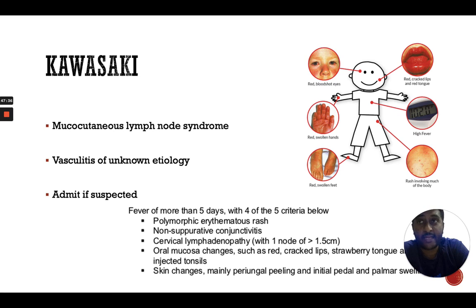They can have cracked lips, a red strawberry tongue, red swollen hands, and a rash involving the body. Whenever you see a fever for more than 5 days, ask yourself whether this patient could have Kawasaki. If you have any concern, this patient needs to be admitted.